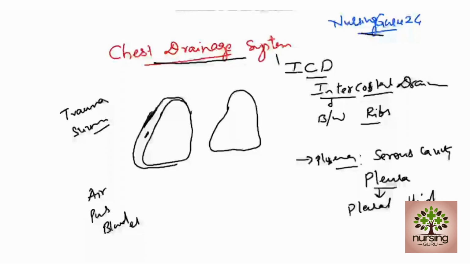This is a bilayered wall, an outer layer and an inner layer. The outer layer is called the parietal pleura. The inner layer is called the visceral pleura. Between these two layers, there is a cavity filled with pleural fluid, that provides cushion for lungs while expanding. This is a brief about the content we need for studying the chest drainage system.